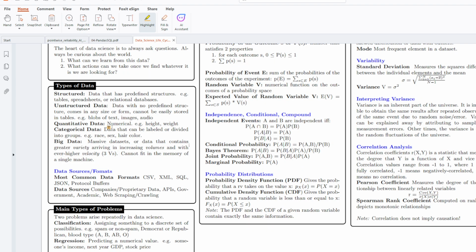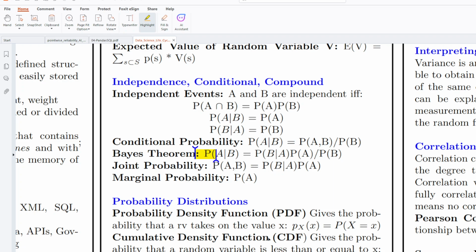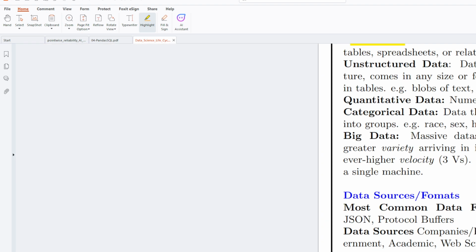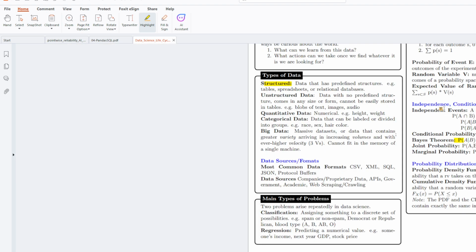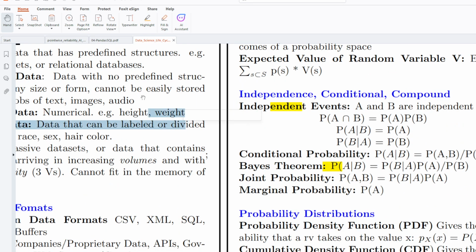Okay? Now, there are different types of data. Data is not always clean, and there are different types of data. There is structured data, and then there is unstructured data.